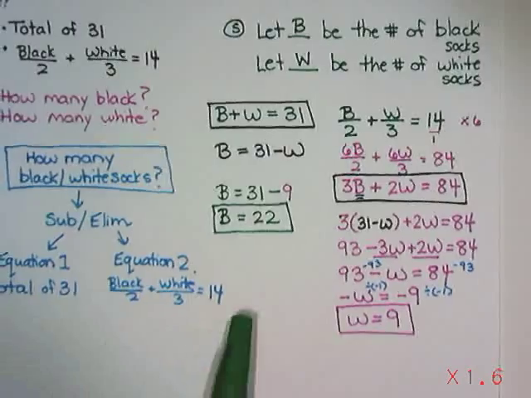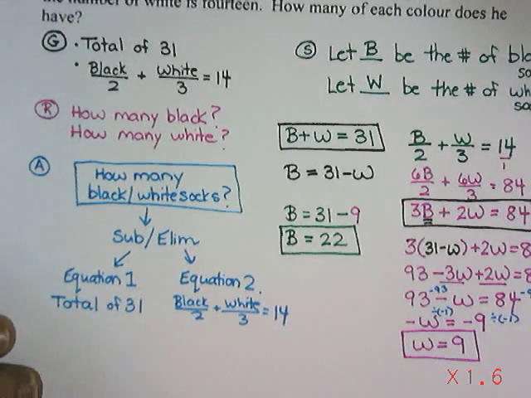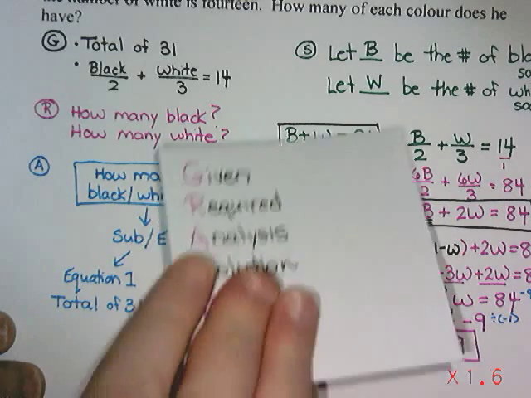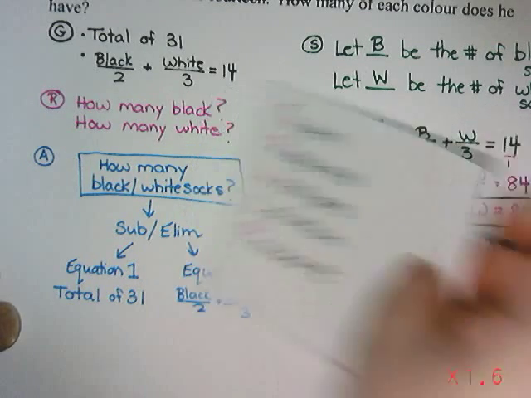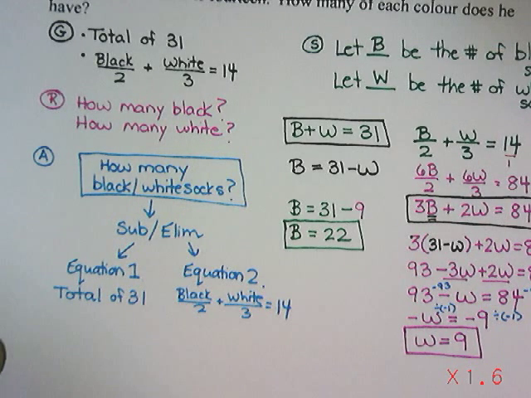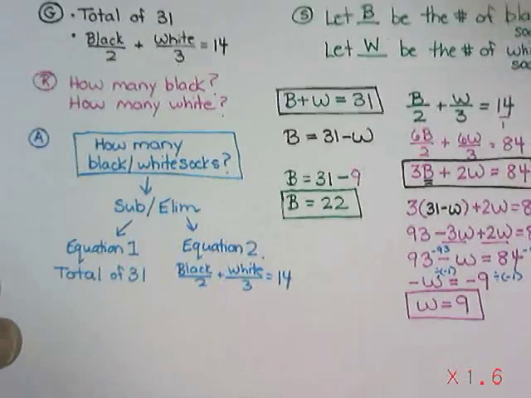So last step, right? We did G, R, A, S, and the last part is the P, which stands for present. That just means you're going to present your answer in a sentence. So we're going to finish off by actually answering the question. So how many of each color does he have, right? That was the required, how many black, how many white.